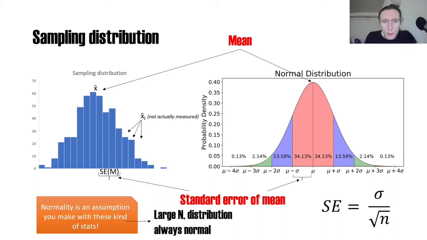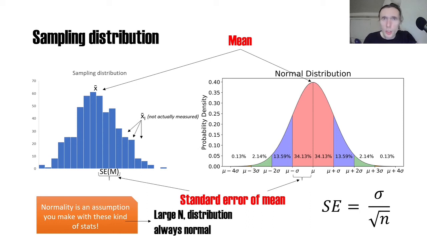Again, you need to have a normal distribution to do these statistics. Now the good thing is, when you have a large number of samples, if your sample has a large number of participants, then your sampling distribution is approximating normality.